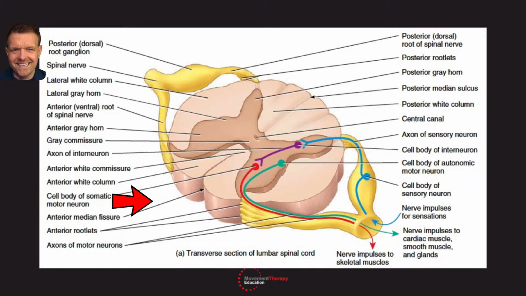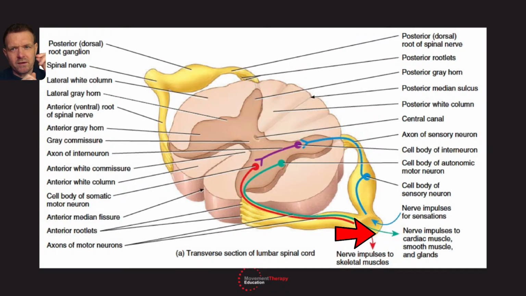If you've not seen this before, there's a lot of information on here. So what I want you to concentrate on are these bits just here. So this is what comes out of the side of your vertebra. Yeah, so the nerve root, it has two main pathways.